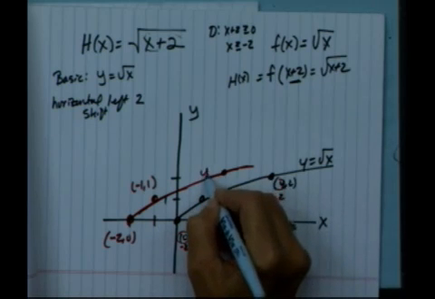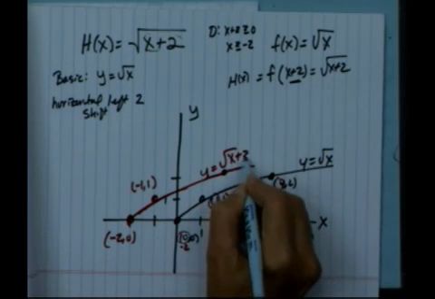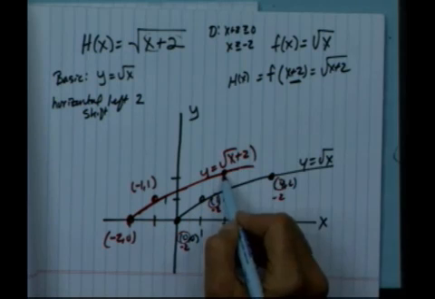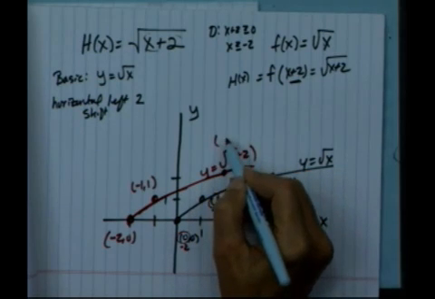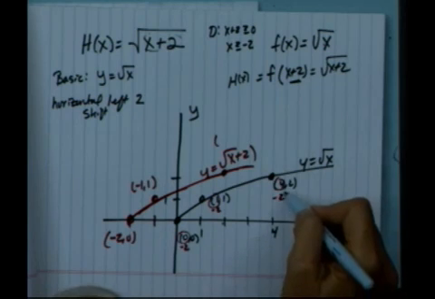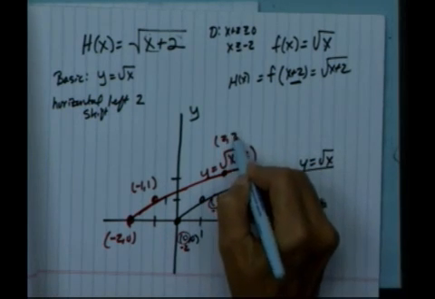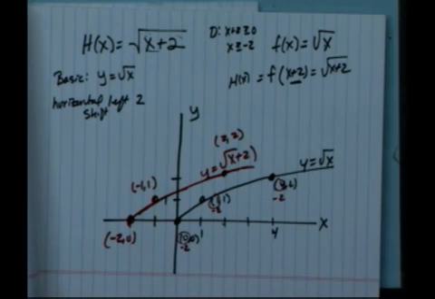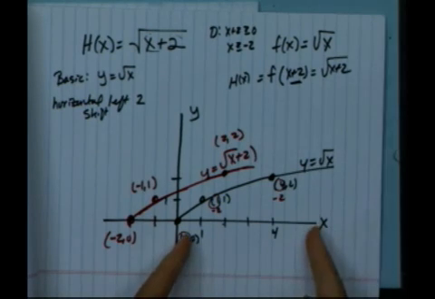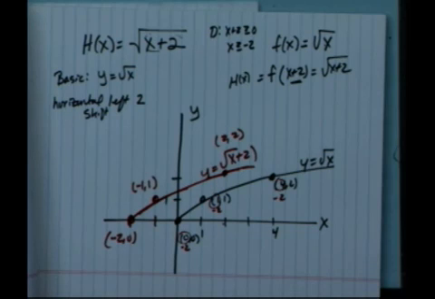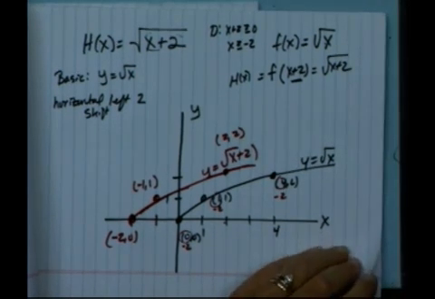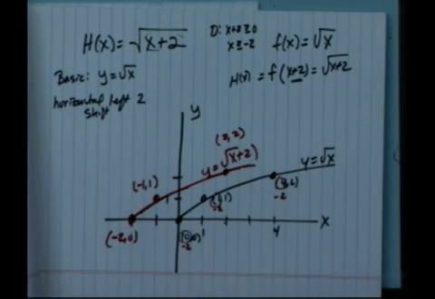Okay, and this is y equals the square root of x plus 2. Oops, forgot to write the point down. That's 2, 2. Okay? All right, so all I did was pick this up, move it to the left 2 units. Everybody good? All right. What comes after horizontal shifts?